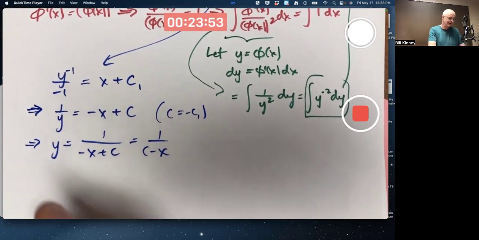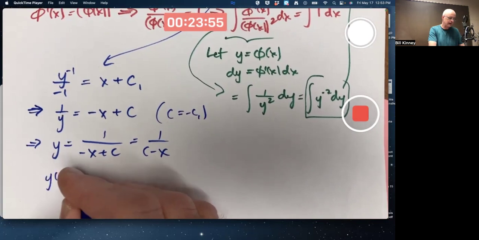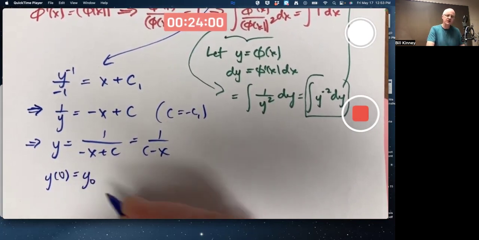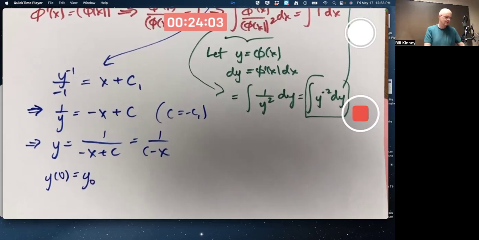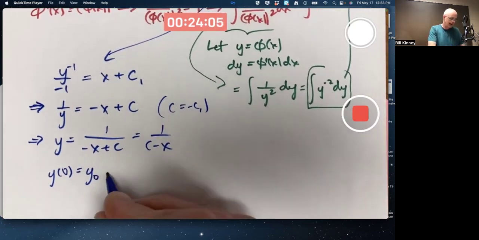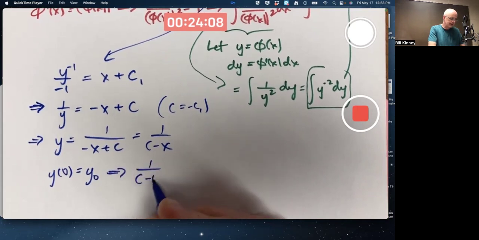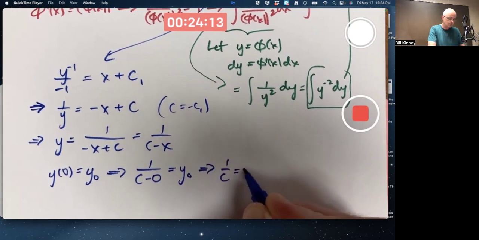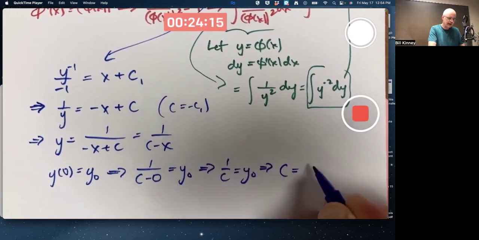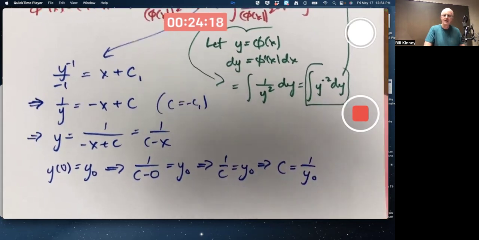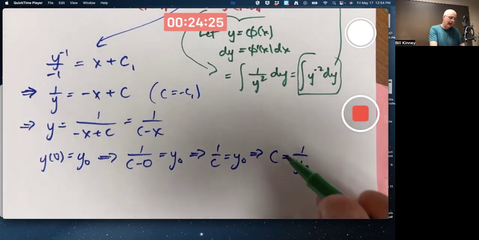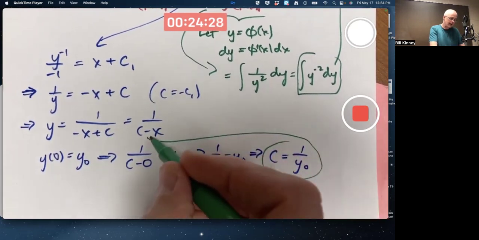On the other hand, kind of similar to what happened with the logistic equation, if we call our initial condition y naught and solve for c in terms of y naught, getting c equals 1 over y naught, which is fine to use for c as long as y naught is not 0. And then plug that back in here.